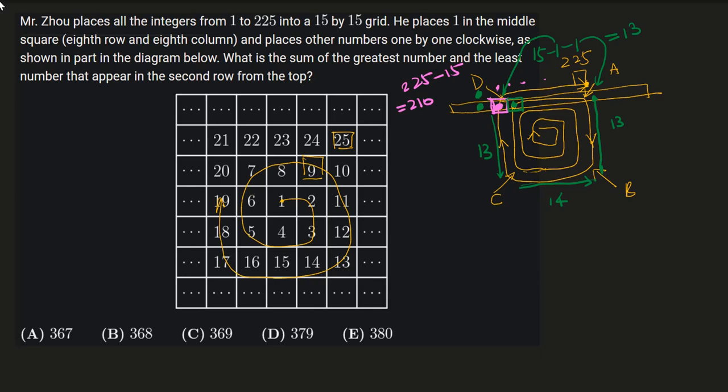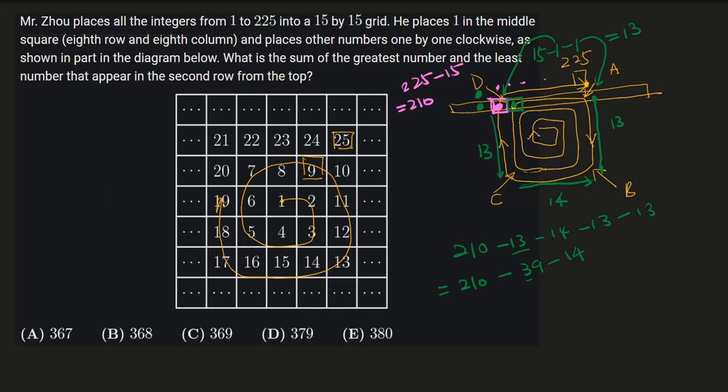Then we know that the number in this green square must be 210 minus 13 minus 14 minus 13 and minus 13 again. Now let's do the calculation. This equals 210 minus, we have 3 13s, so that's minus 39, and then minus 14.